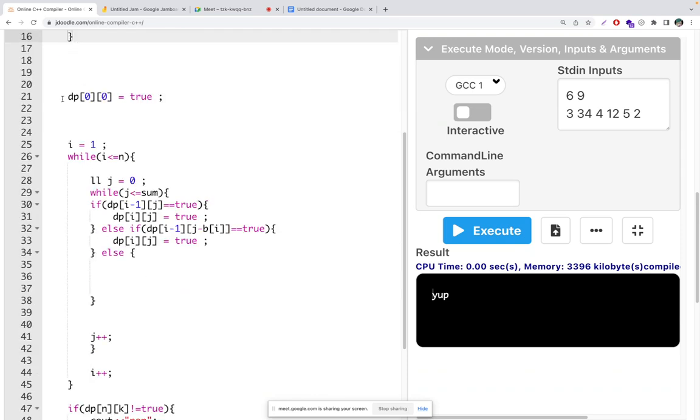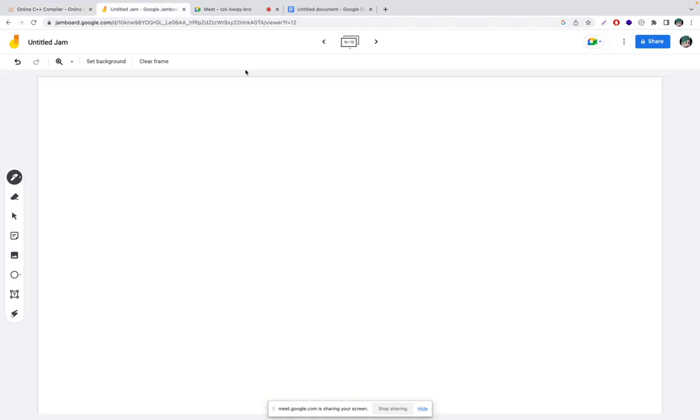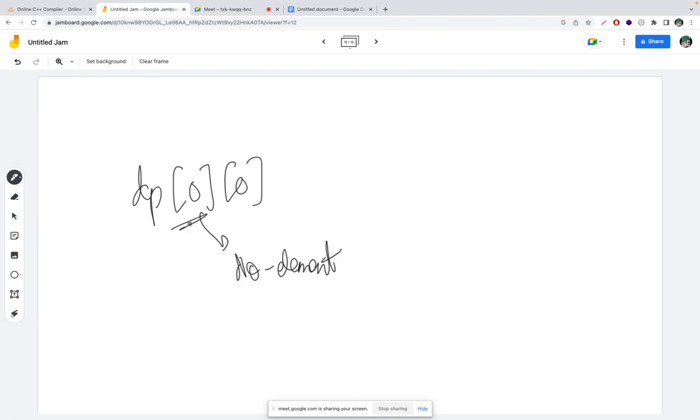DP 0 of 0 is true. Guys, is this clear? Why is this true? Let me tell you why. What is the meaning of dp 0 of 0? It means you are considering no element. If you consider no element, can you get zero sum? Yes. No element will give zero sum, right? It is common sense.